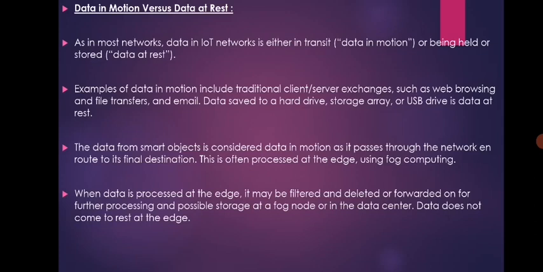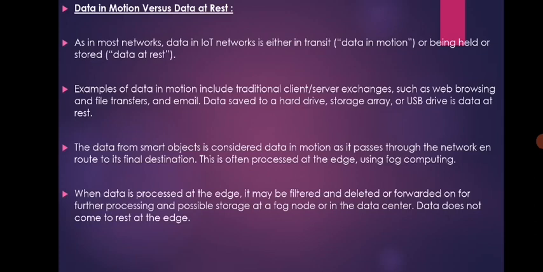The data from a smart object is considered data in motion as it passes through the network and router to its final destination. This is often processed at the edge using fog computing.